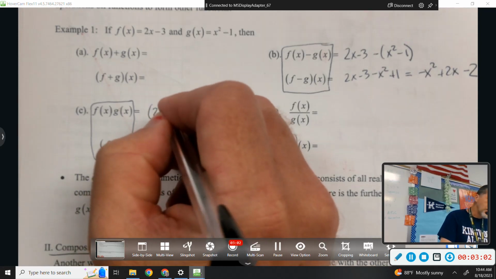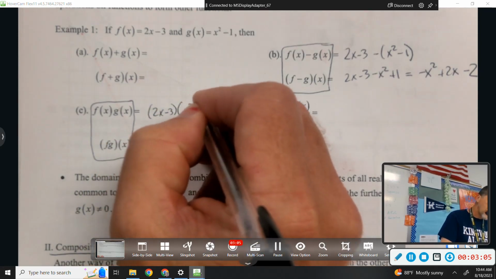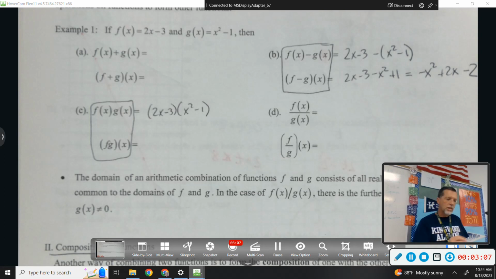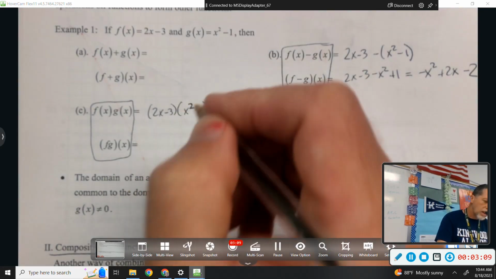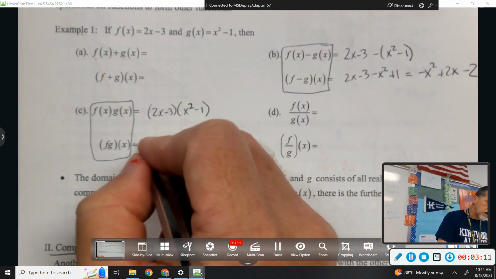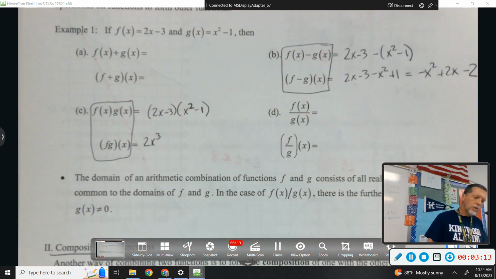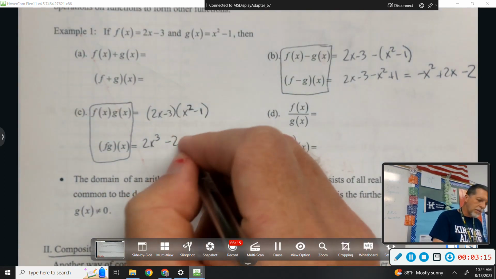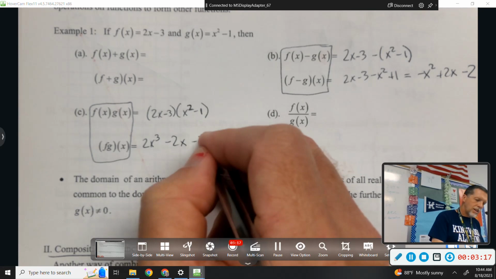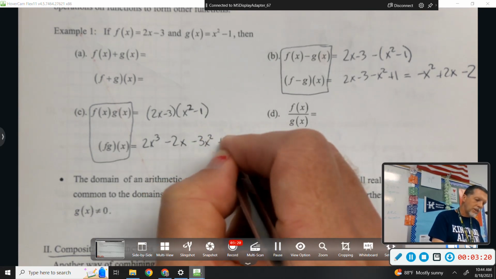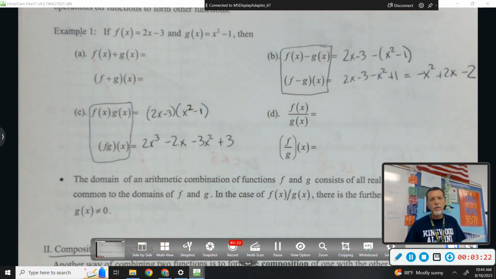Hey, speaking of foiling, I have to foil that one. So first is 2x cubed, outside minus 2x, inside minus 3x squared, and last plus 3.